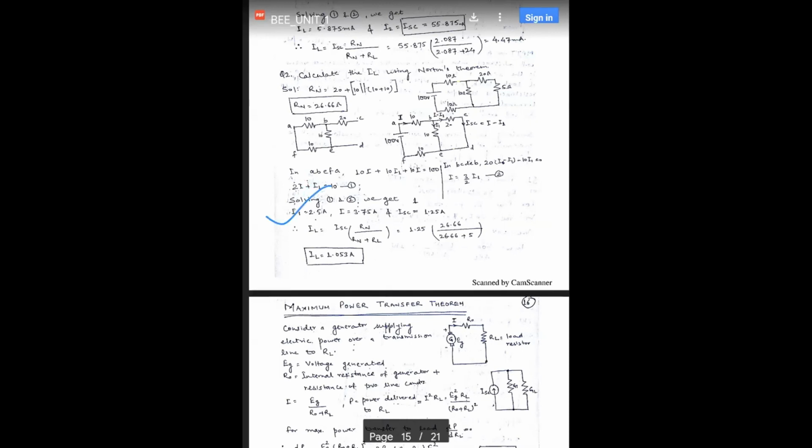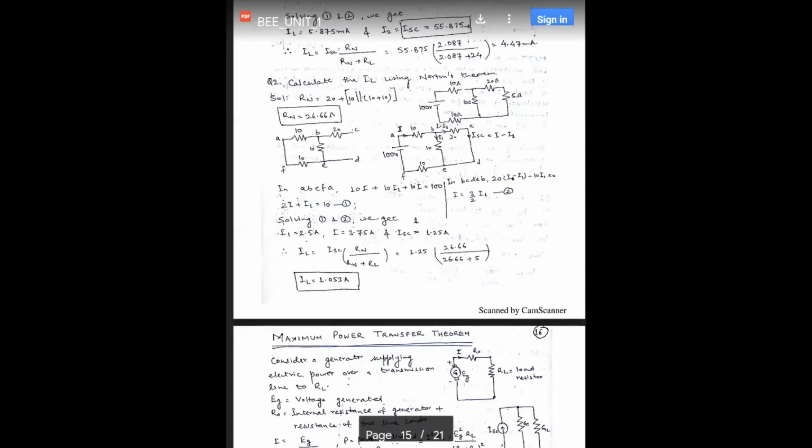So what is the short circuit current? Short circuit current is I minus I1. So since we have calculated the I and I1, we will calculate the short circuit current as I minus I1, and that is 1.25. Now we can apply the Norton's formula for load current calculation, which is this as shown.